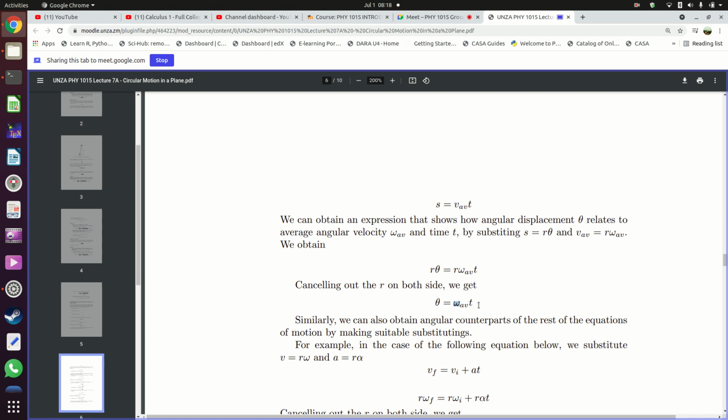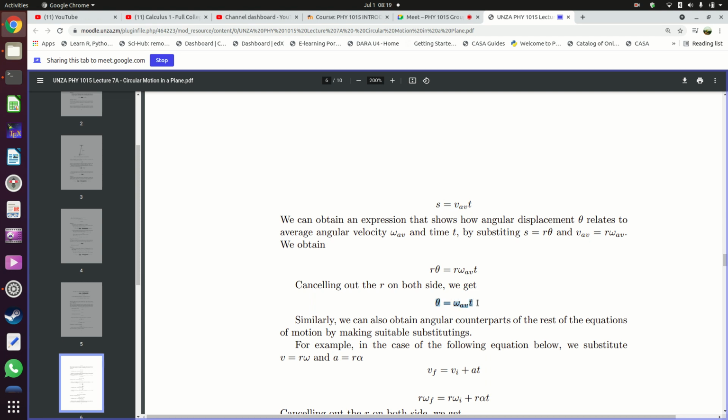multiplied by t. Again, if you look at this expression and you look at this expression, they are carbon copies of each other. It's just as good as for S, you put theta there, for V, you put omega, then you end up with this.